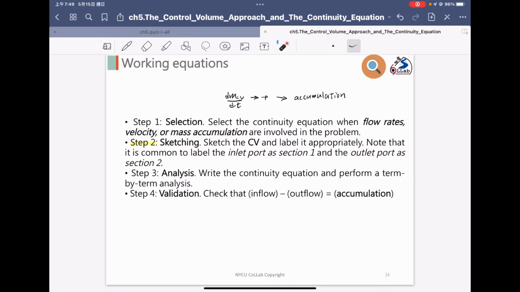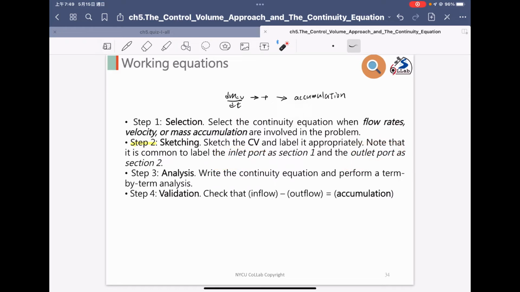we need to sketch the control volume and decide where the control volume is, and then you need to depict the control surface boundary. Okay, after you determine the control surface boundary, you actually know where the inflow and where the outflow are.